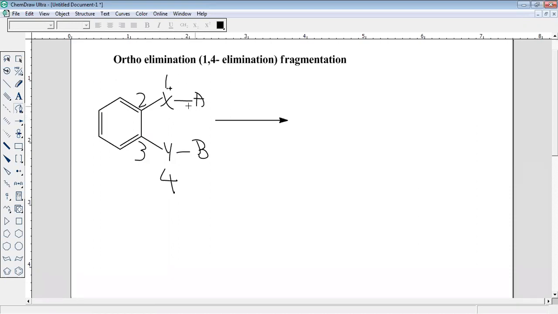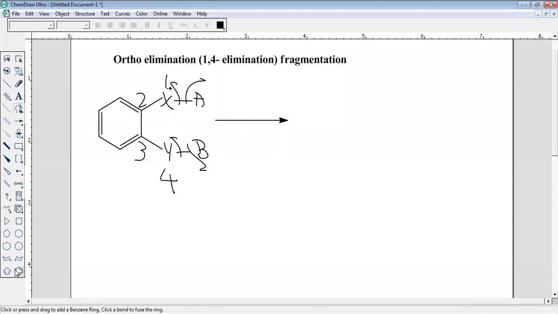The bond between the number 1 labeled atom and this atom undergoes homolysis, and this bond at B also undergoes homolysis. We can show it like this. So AB combination takes place. AB will combine, and what is going to form?